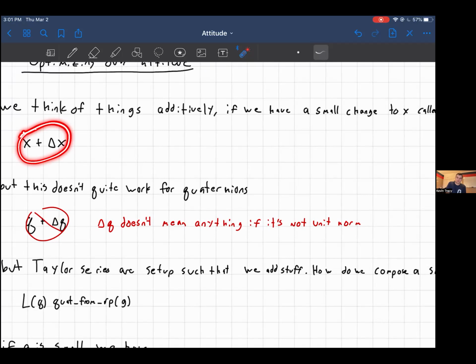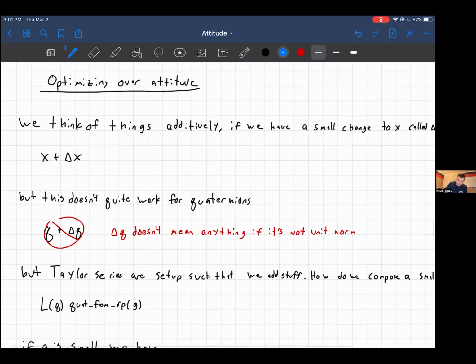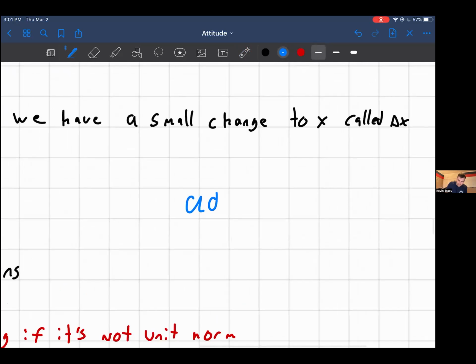What we're going to start doing for quaternions is a multiplicative update. What this means is that as opposed to doing q plus delta q, we'll do a quaternion multiply: left q times quaternion from RP of our Rodrigues parameter G. I'll spell this out again. Add would be x plus delta x.